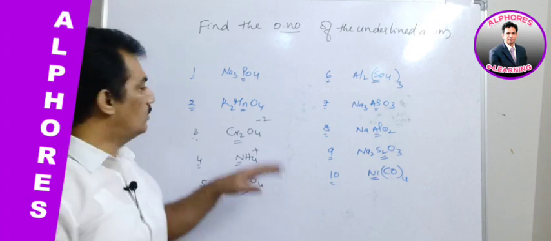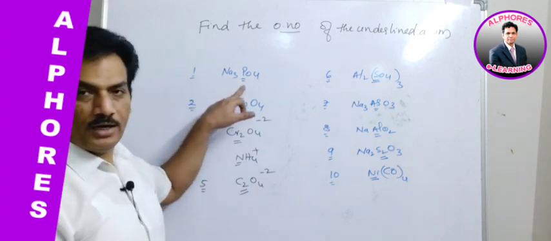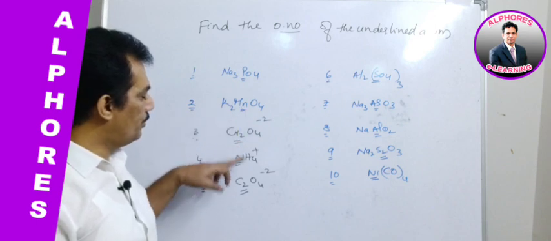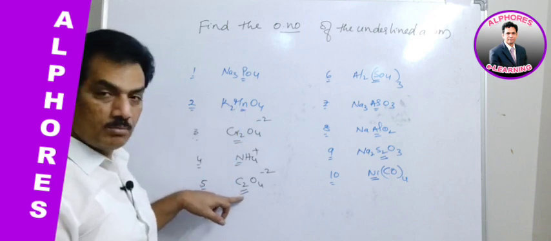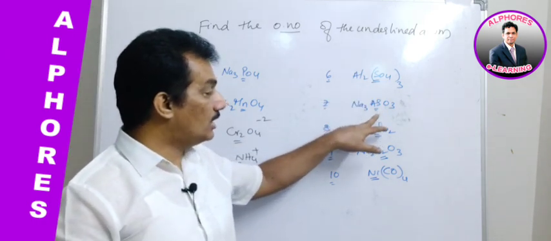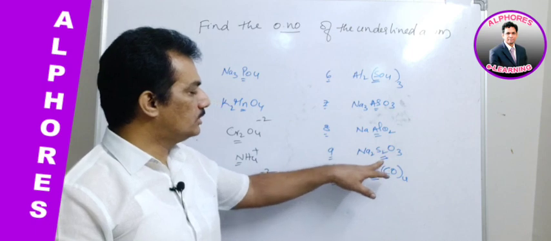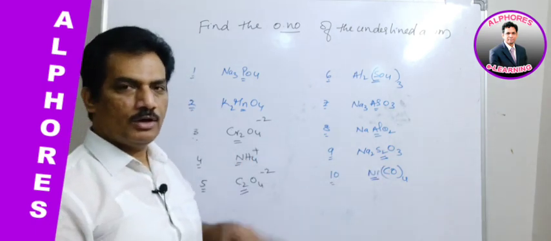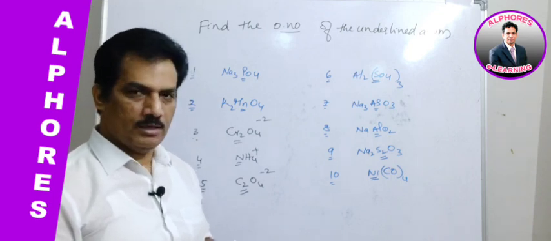Okay, you try to solve this. Here you have to find phosphorus oxidation state, manganese oxidation state, chromium, nitrogen, carbon in C2, and sulfur, arsenic, aluminium, sulfur, nickel. In these compounds you try to find the oxidation state for these elements.